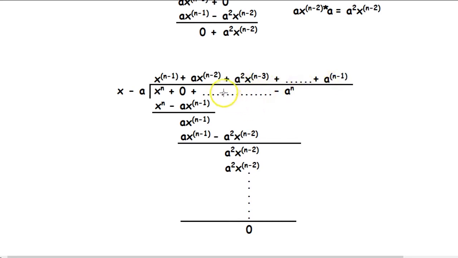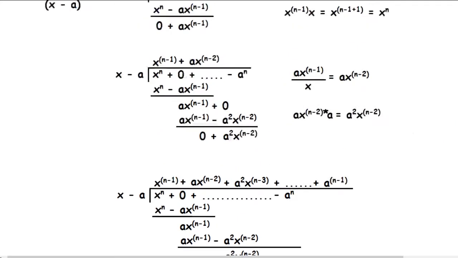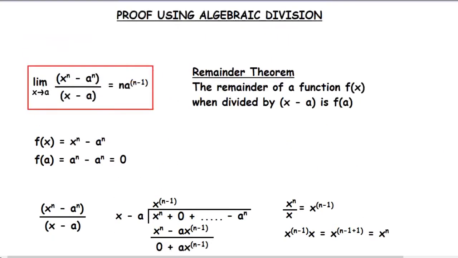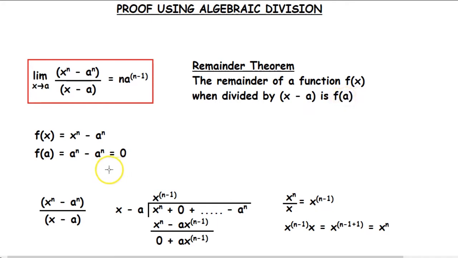So now when we do this long division, our nth term will have the final remainder as 0. How do we know that this is 0? We proved it in the beginning of our video here, that when we divide x to the power n minus a to the power n by x minus a, we get the remainder as 0.